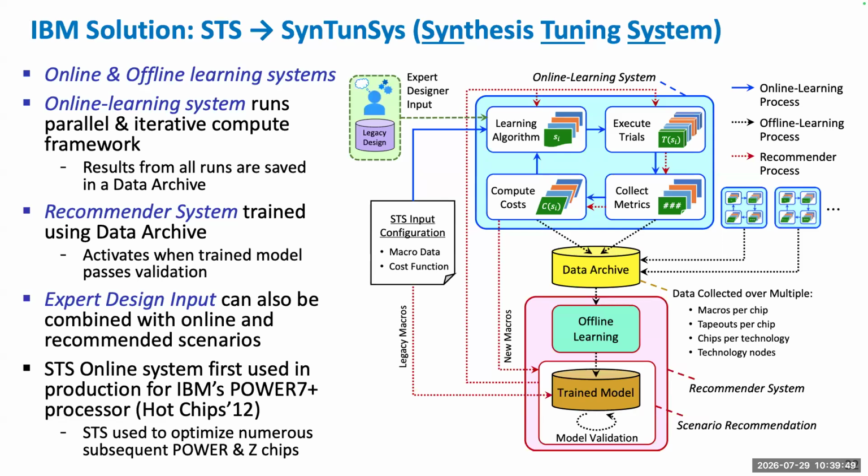We did use it, particularly the online system, on most IBM server chips since 2012. So highly practical, but also a good research bed to develop the interaction, because we do have systems like online, offline interacting, and that interaction complexity is the interesting part, I think. But so we did have a way to explore this.